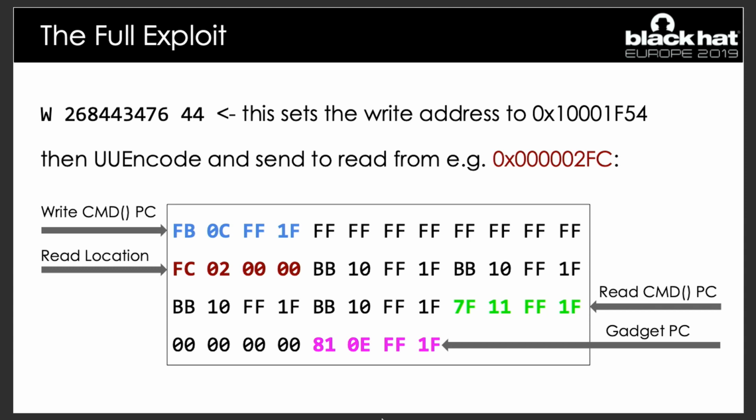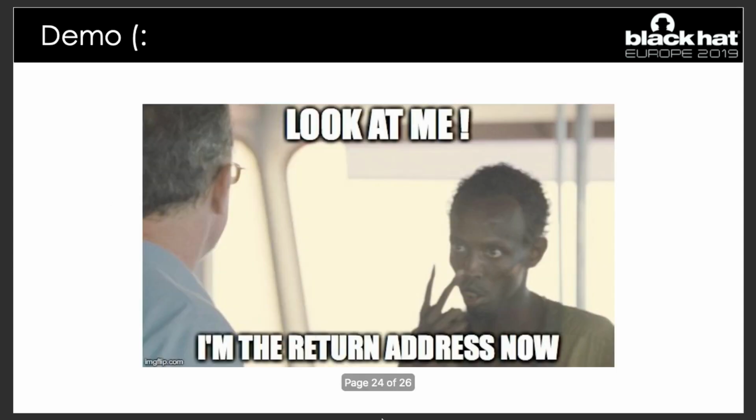So the value inside this register decides from where to start reading. Here we put the 2FC address, which is the address that has the configured CRP value in the device. So let's go and do some magic.